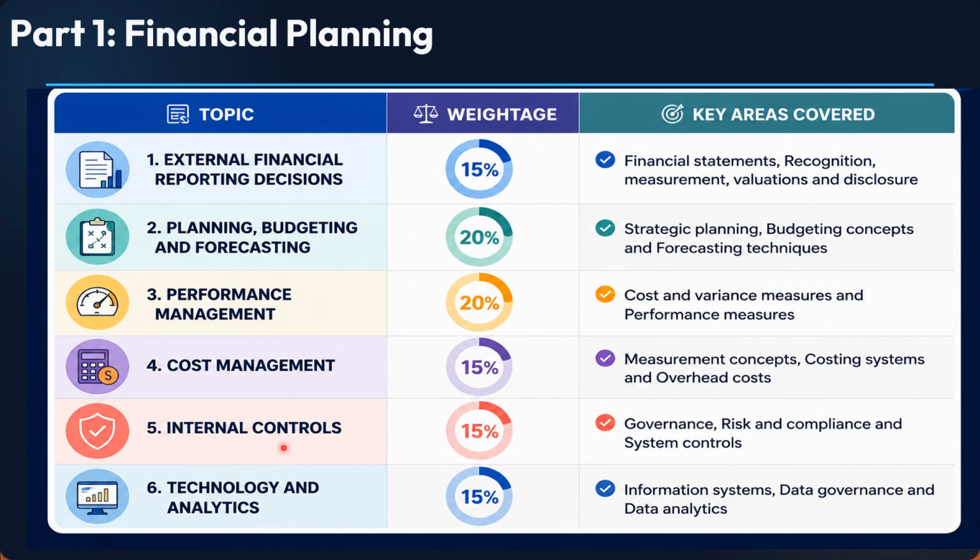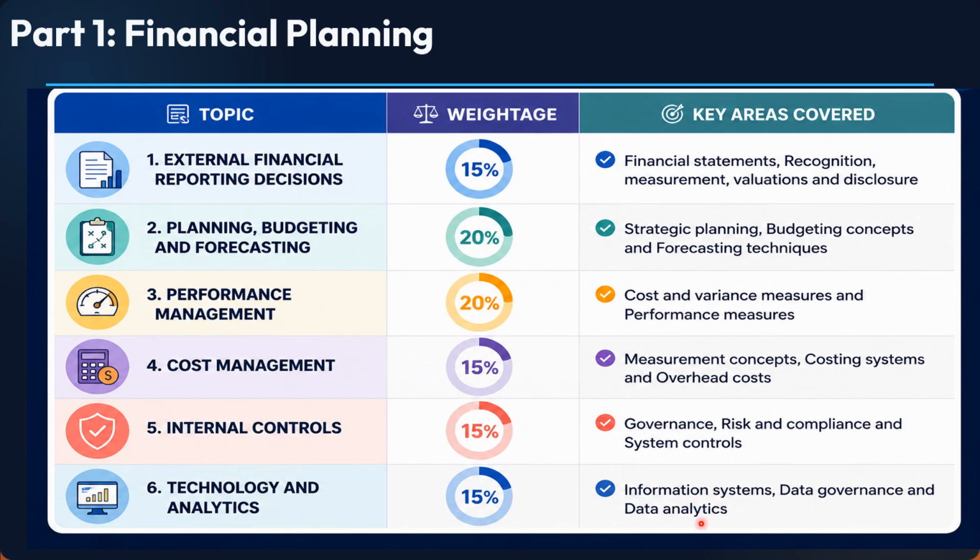Next comes internal controls, governance, risk and compliance and system controls. We'll be doing topics related to that. And the latest topic that has been recently added, technology and analytics, 15%. It's based on information systems, data governance and data analytics.